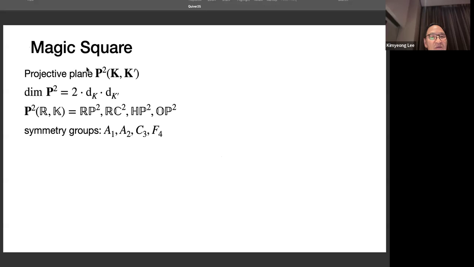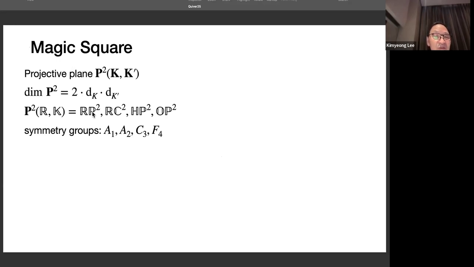And for this projective space, for example, suppose we do it with real numbers, then the real projective plane is RP2, which is a 2-dimensional object. The complex one is CP2, the complex projective space. And the quaternionic one will be HP2, and the octonionic one will be OP2.